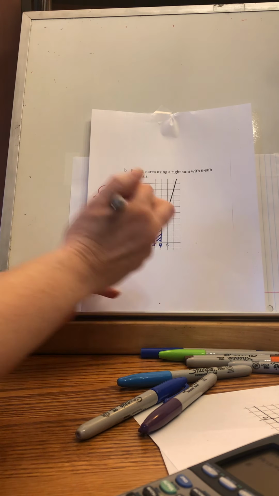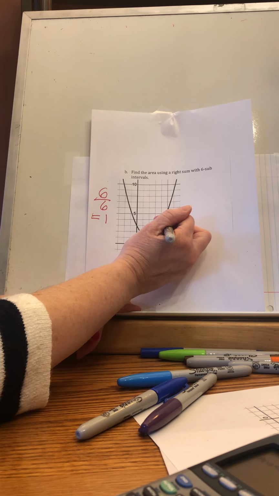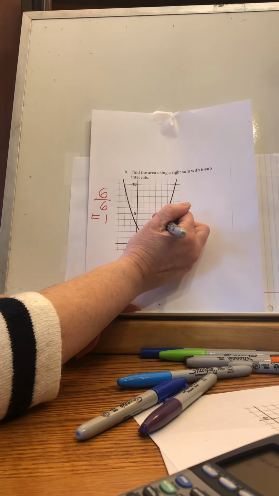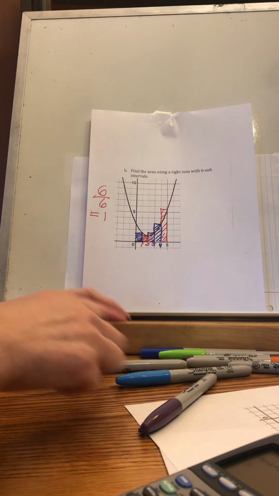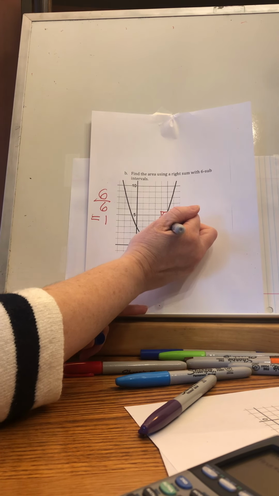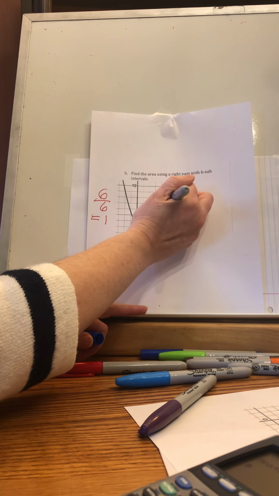I am getting extra area. I'm above the curve. I'm at 5 now, going up, and then across, backtracking, extra area above the curve. And then the last and final rectangle is at 6. I go up, hit the curve, and backtrack.